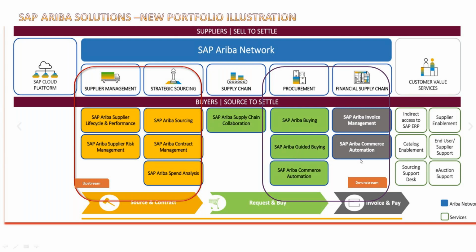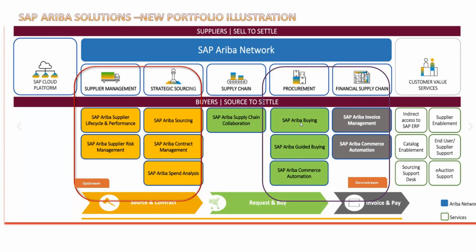So there is a little difference between Ariba buying and Ariba guided buying. In Ariba buying, you are just creating the PR, it is approved, and the PO is created. Once the PO is created, that PO number will be sent to the supplier in Ariba network. If it is integrated, that PO will be sent to the ERP system, and the ERP PO number will replicate back to Ariba, and that number will be sent to the supplier.